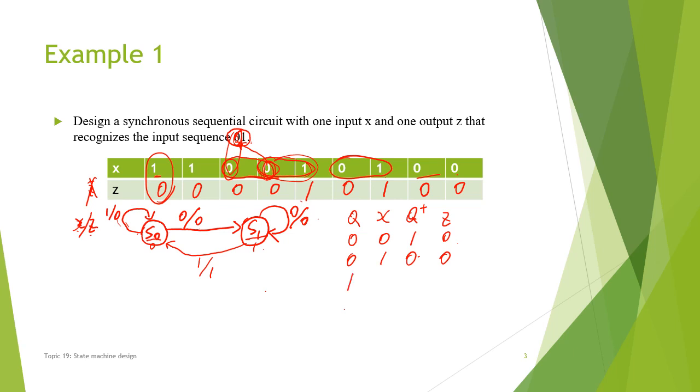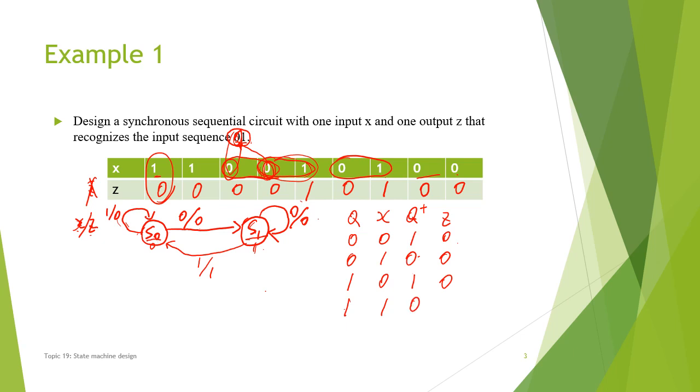However, if the current state is S1, or 1 here, and X equal to 0, we will find the next state is still S1, or 1, and Z is 0. But if X is equal to 1, which means we detect the pattern, we need to go back to get ready for the next detection.